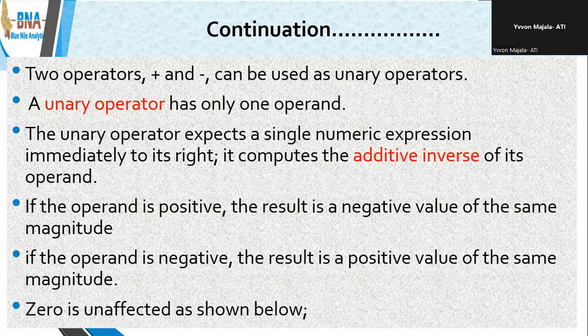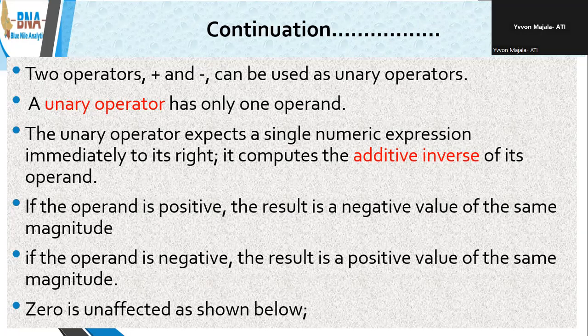If the operand is positive, the result is a negative value of the same magnitude. For example, if you add positive plus negative, it depends on which number is bigger. For example, +5 plus -2, you will get +3.